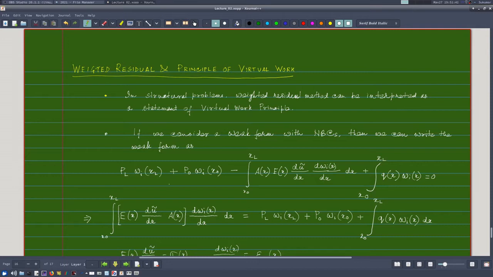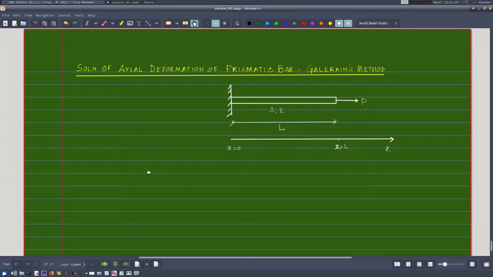And here, of course, in our problem, this term will not be there, because at the left end there is one essential boundary condition, which is the deformation is 0. Here force boundary condition is shown, natural boundary condition is shown, but in our problem we have an essential boundary condition. So accordingly we can write the weak form of this problem like this.